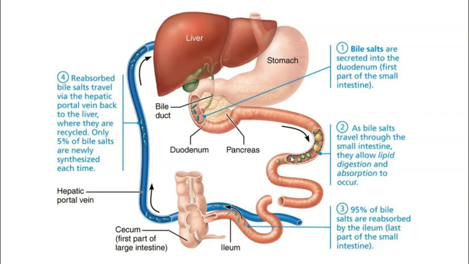They break down lipids by emulsifying them, and then about 95% of them, once they reach the end of the small intestine at a region called the ileum, are reabsorbed into the bloodstream, and through the hepatic portal vein they're sent back to the liver, where they are stored and reused again. So the liver only has to manufacture a little bit of bile salt at a time because it can reuse some of the bile salts that it's made previously.